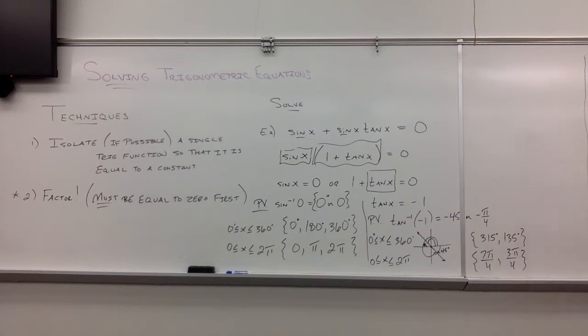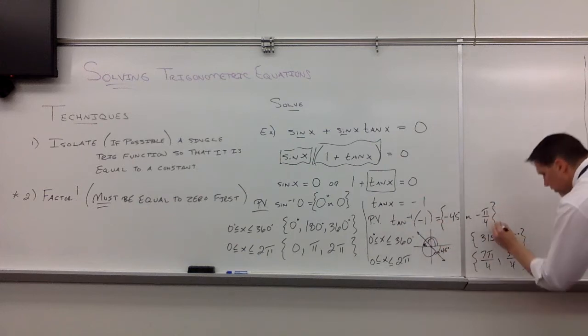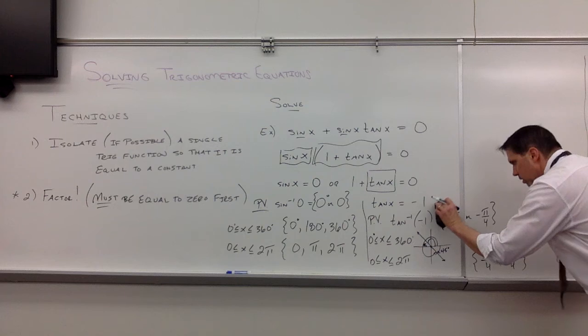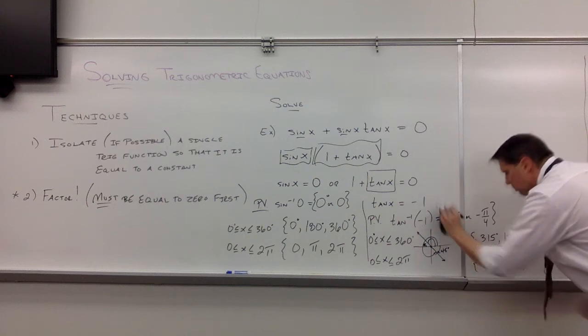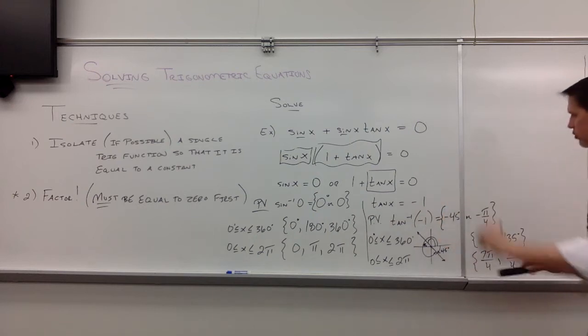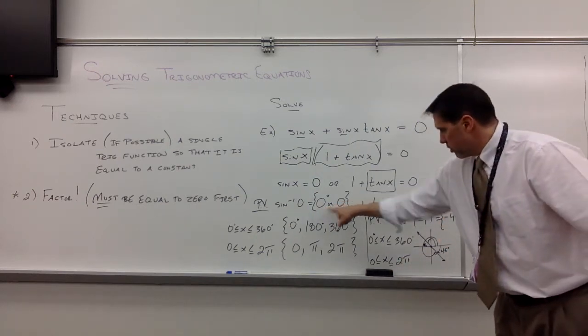So what do I say are my solutions? Well, if you're talking principal values, I guess I should have put braces around these. That was not a very solid effort. We can do better than that. Professional. Negative 45, negative pi/4, 0, 0.